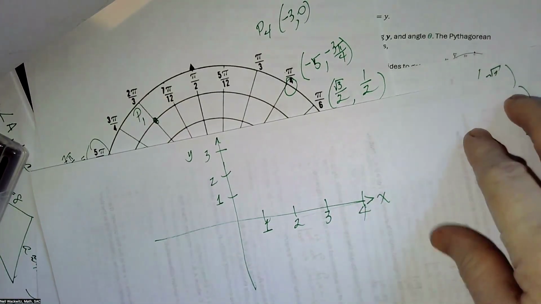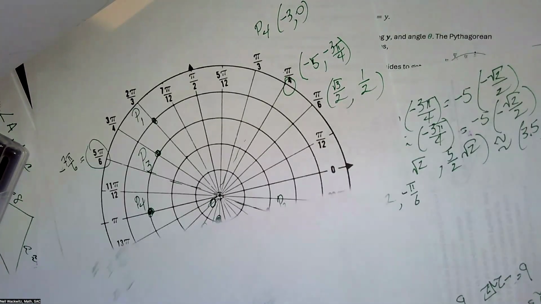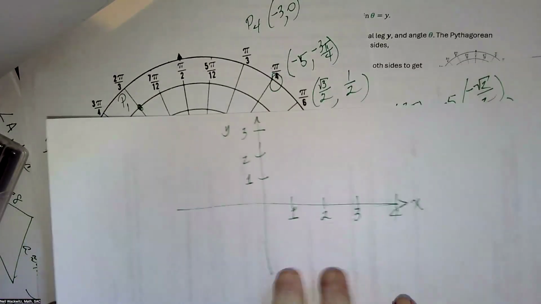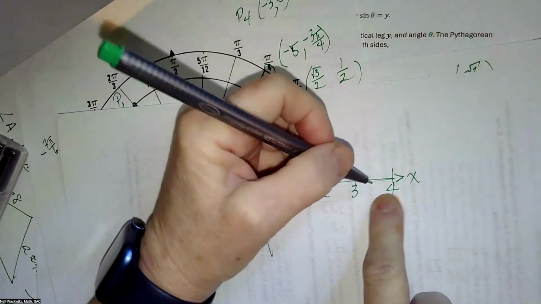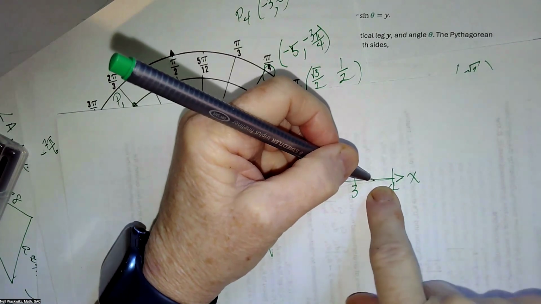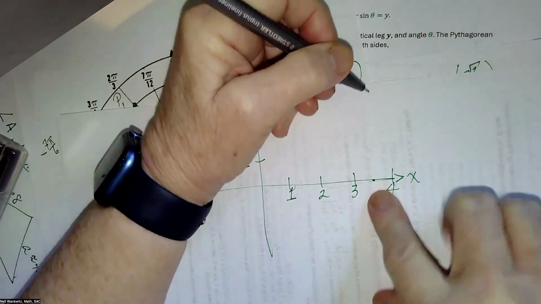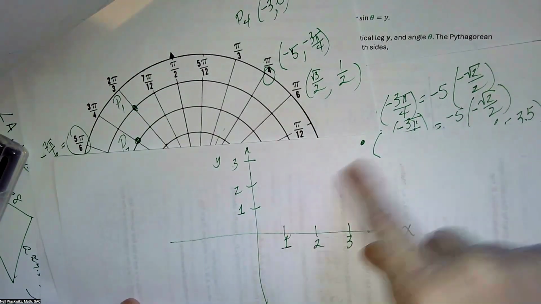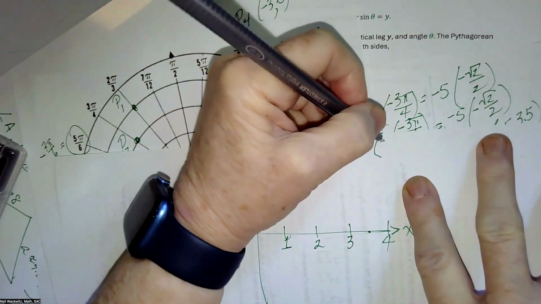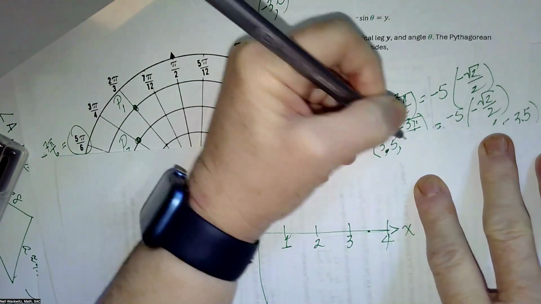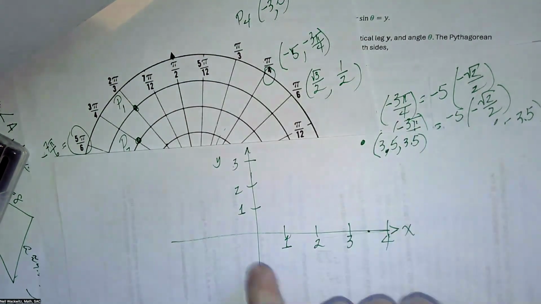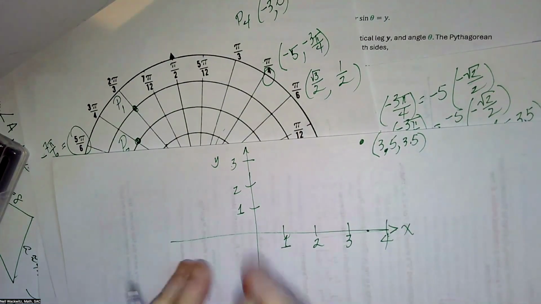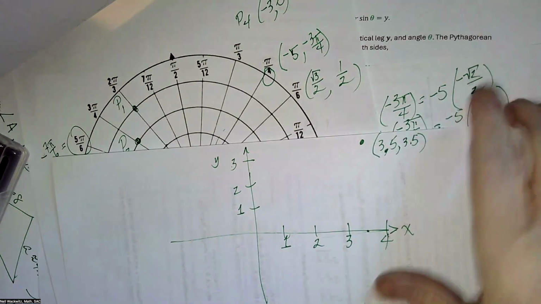We said that both points were approximately 3.5 out. So the A value and the B value. So we get that this point is going to be in the very middle of quadrant 1, because we go the same amount over as we do up.